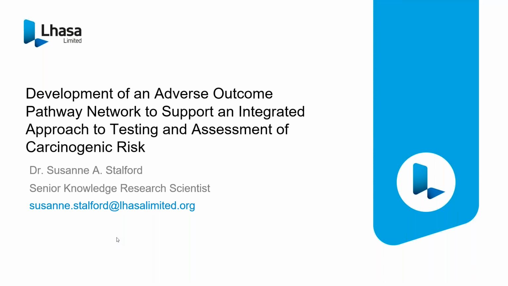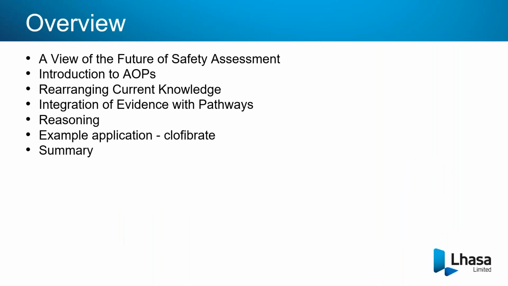So I'm going to talk a bit about the work we're doing. I'm going to introduce by looking at what the future of safety assessment looks like in relation to CARC testing. And then I'll talk about the approach we are developing to aid CARC assessment using alternatives. In our work, we've been looking at adverse outcome pathways as the basis of our concepts.